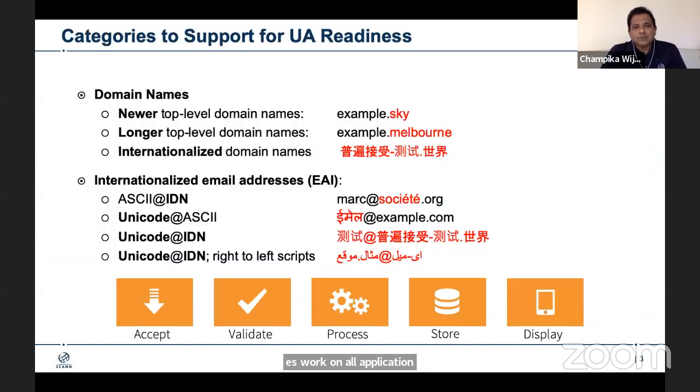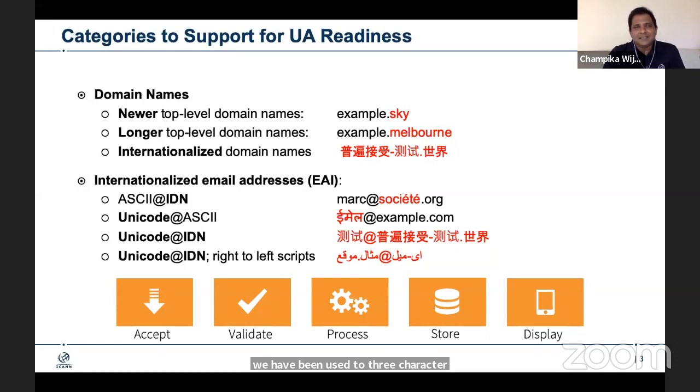Now, when we speak of UA or the UA readiness, pretty much, we need to consider two aspects. One is domain names, and the other one is internationalized email addresses, or EAI. Now, when we speak of domain names, as we all know, historically we have been used to 3-character top-level domains, or TLDs.